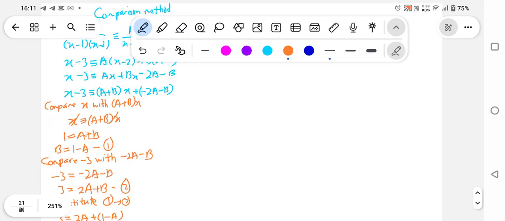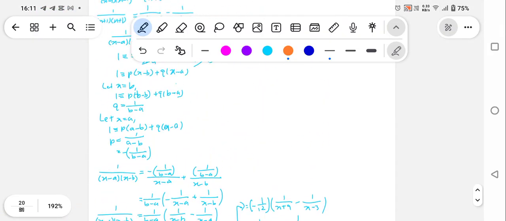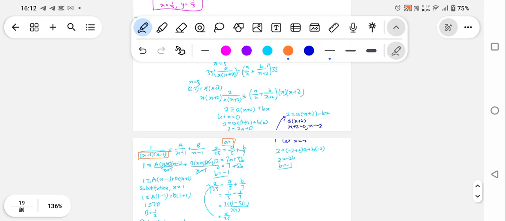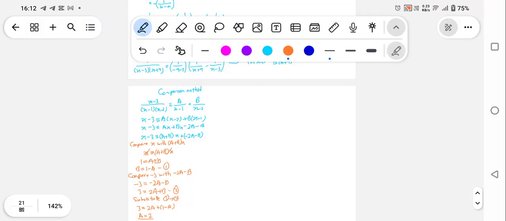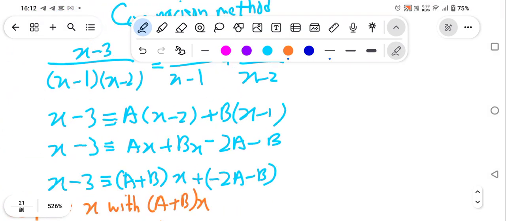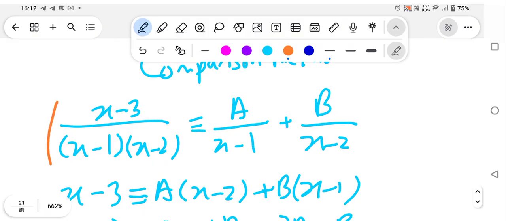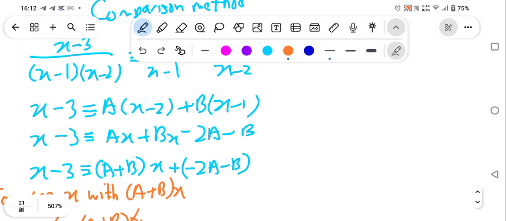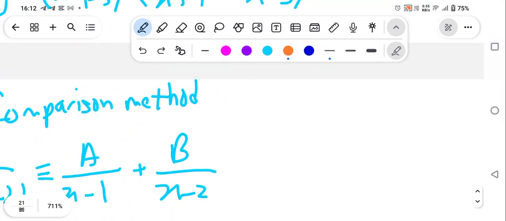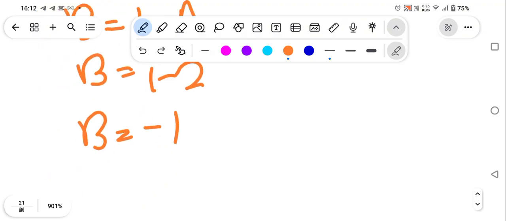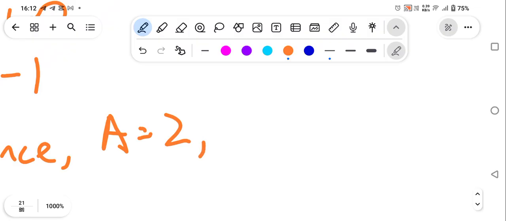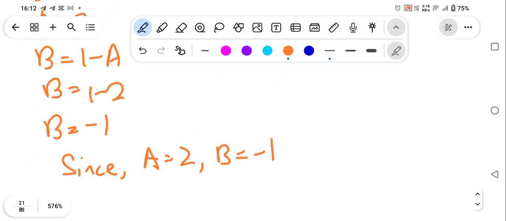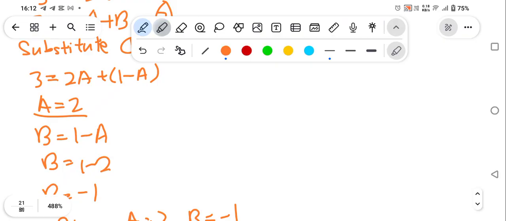Alright, so what's our question again? Where's the question? Let me find the question real quick. Oh, right here. So since a equals 2 and b equals -1, which is right here, I'm going to highlight it.